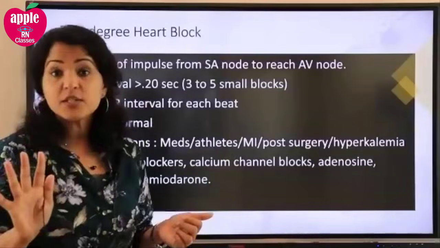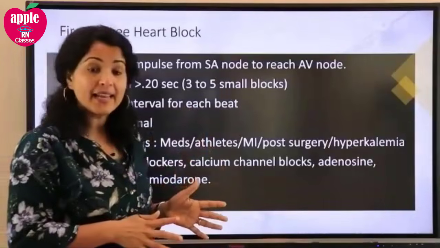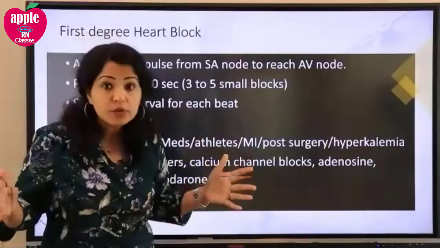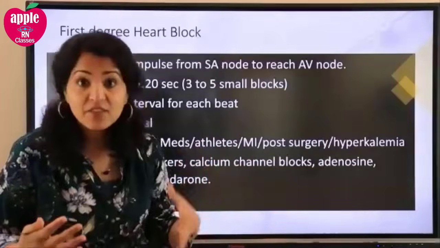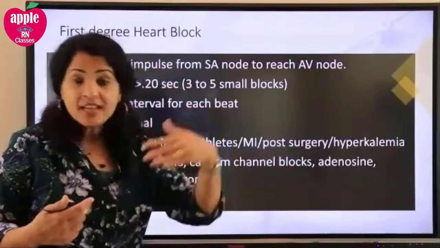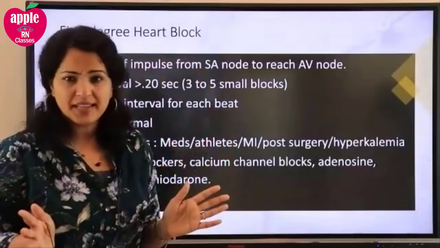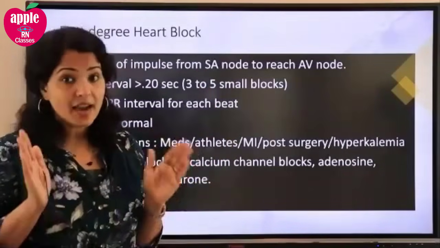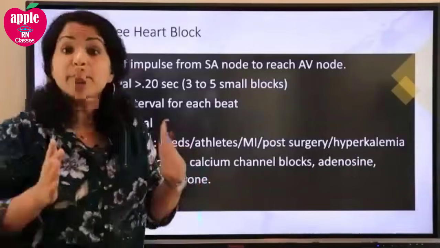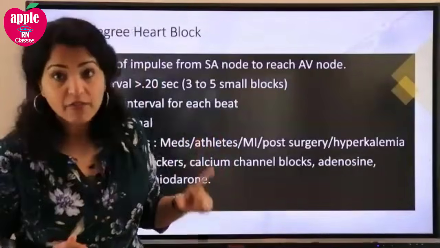We have to watch for it. But for first degree itself, if the patient is not having any bradycardia or confusion, or there is nothing which tells us that there is decreased oxygenation or decreased cardiac output, then we usually don't do anything about it. So for first degree heart block, there is nothing you have to immediately intervene on. It's okay, unless the patient is having a problem.